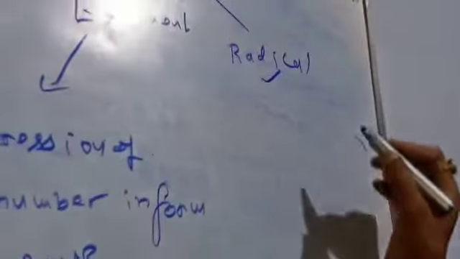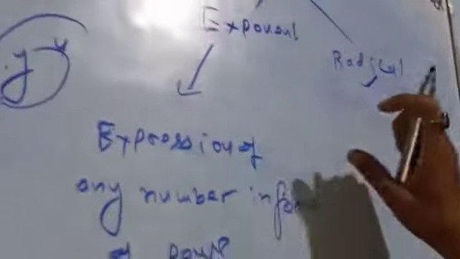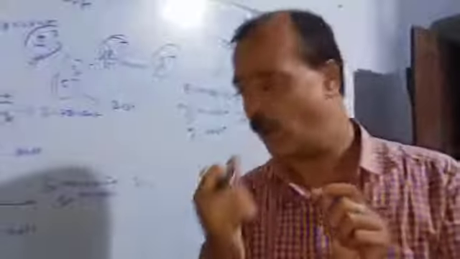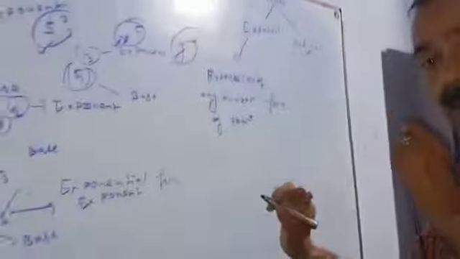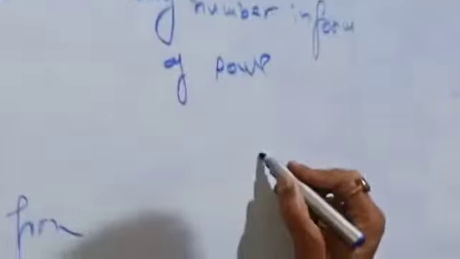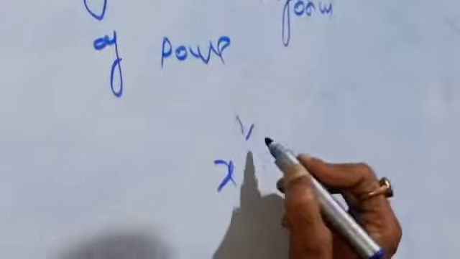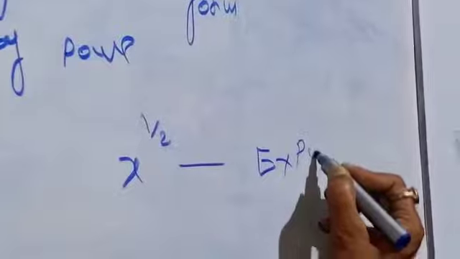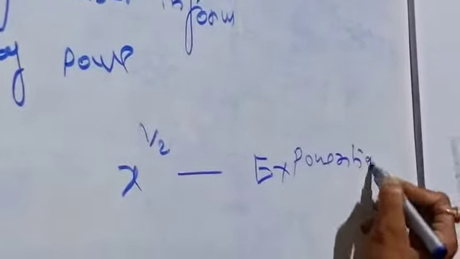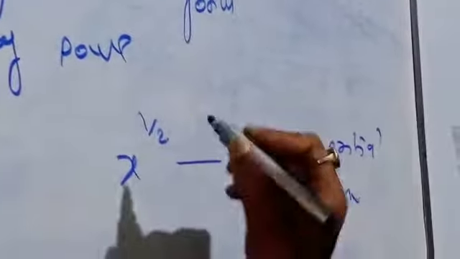And now another topic is the radical. Radical means whenever this exponent is expressed in the form of a symbol. Suppose x to the power 1 by 2 is exponential form. It can be expressed in symbolic form.